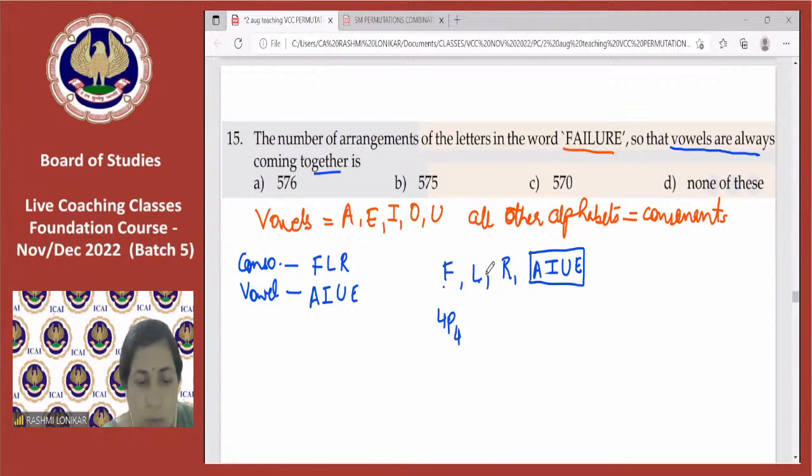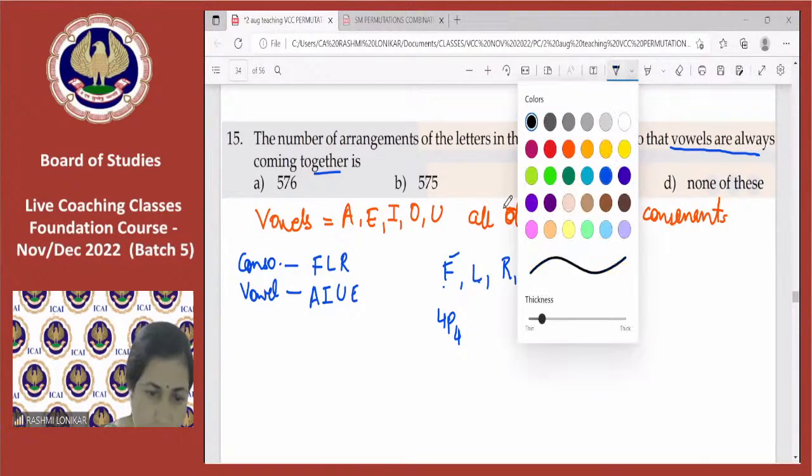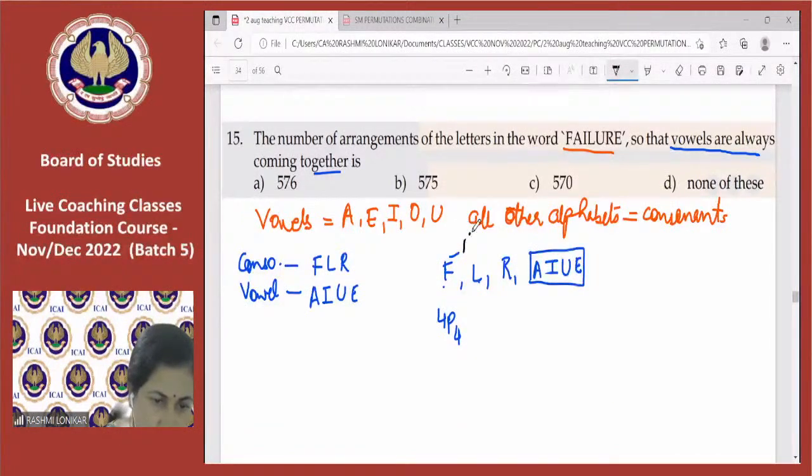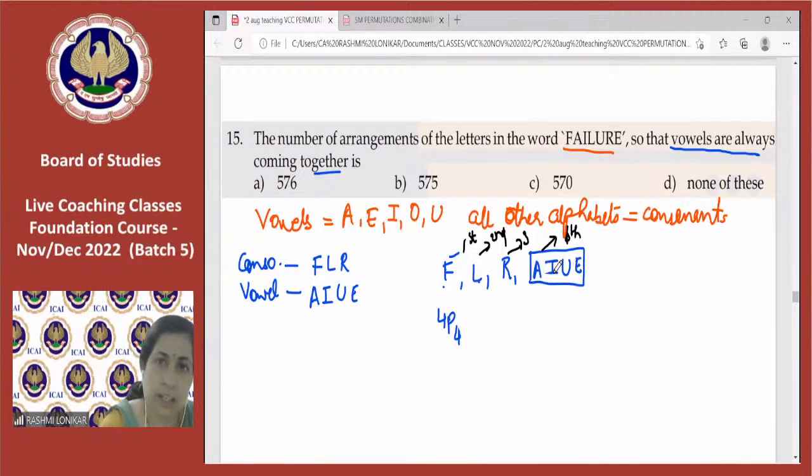Yes, 1, 2, 3. This is my first letter. This is my second letter. This is my third letter. And this is my fourth letter. So 4P4. Now, within this A, I, U, E, I can rearrange them in how many ways? 4 factorial ways.